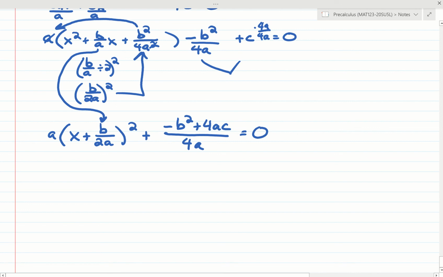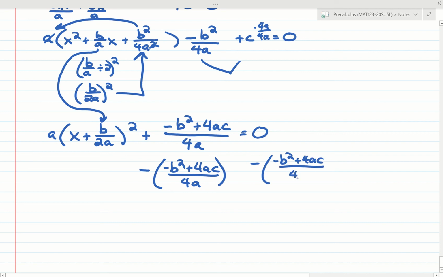So let's bring that on the other side. So we're going to be subtracting negative b squared plus 4ac over 4a to both sides. So that'll cancel this out.